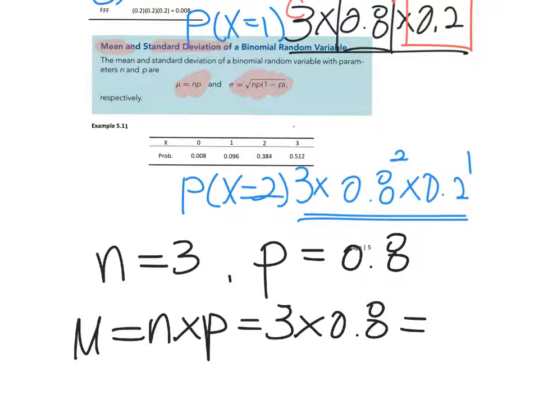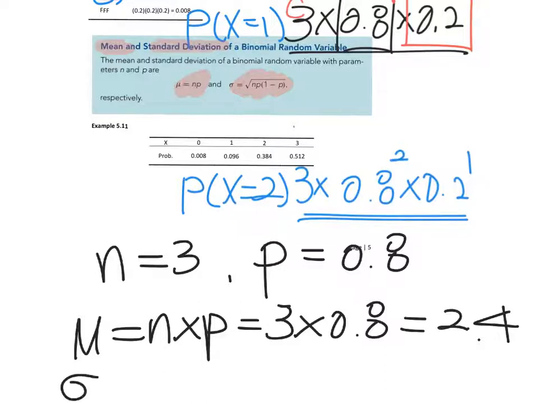How much? 2.4. What is 2.4? It is on average. The average of what? When we have 3 people, we can expect 2.4 people will be alive at 65 among the 3, because the chance to be alive at 65 was 80%. So among 3, we can expect 2.4 people will be alive at 65, on average.